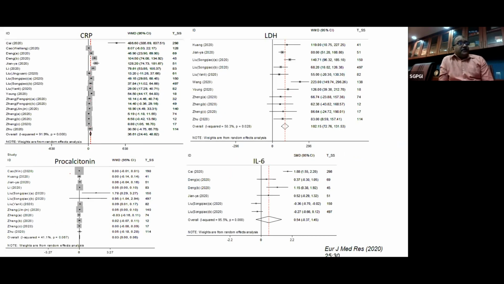The same way CRP and also lactate dehydrogenase.